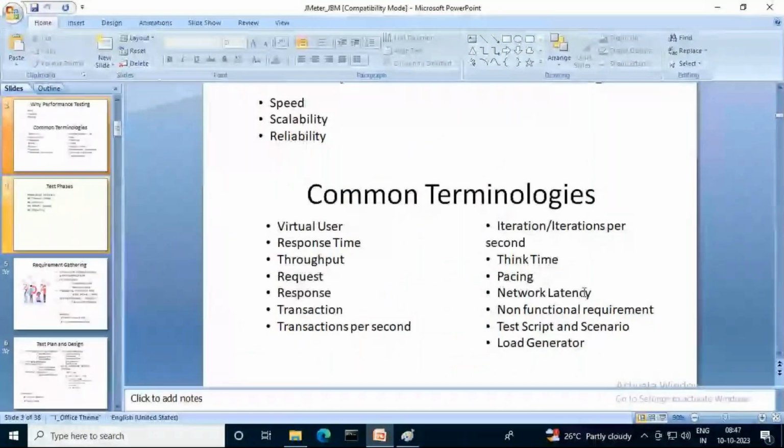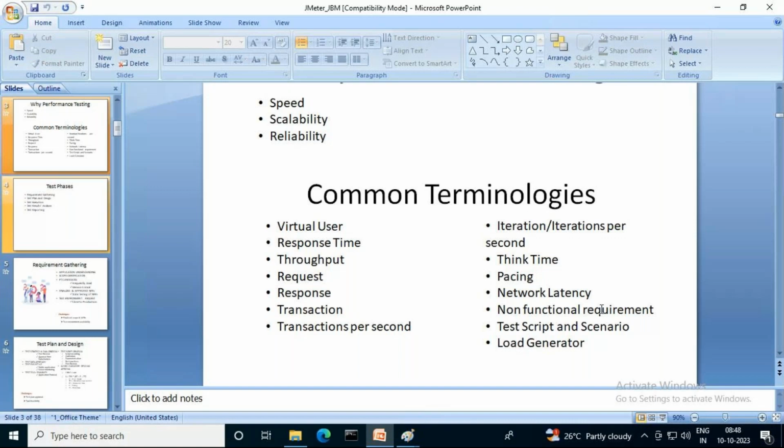Then non-functional requirements. Like someone was saying, we have to test the KPIs, right? In non-functional testing, we discussed yesterday different types of non-functional testing, right? We get the requirements for non-functional testing, what we have to test or verify. We get those, like each of my application pages should load within 5 seconds.